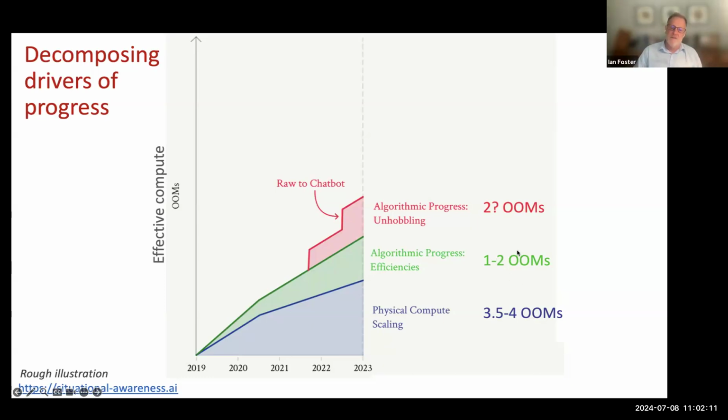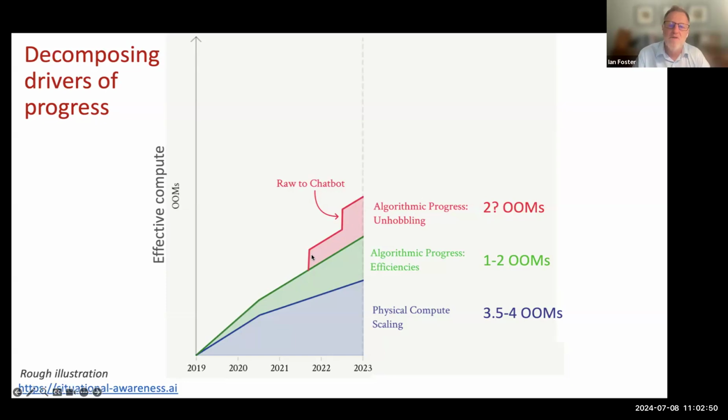Then he points out something that we won't have much time to talk about, but people have continued to make improvements in how the training process is performed in a way that has improved its efficiency. So you can perform the same training with 1 to 2 fewer orders of magnitude compute than just 4 years ago. And then the most interesting aspect perhaps is what he calls unhobbling, and I'll say more about that in a minute.